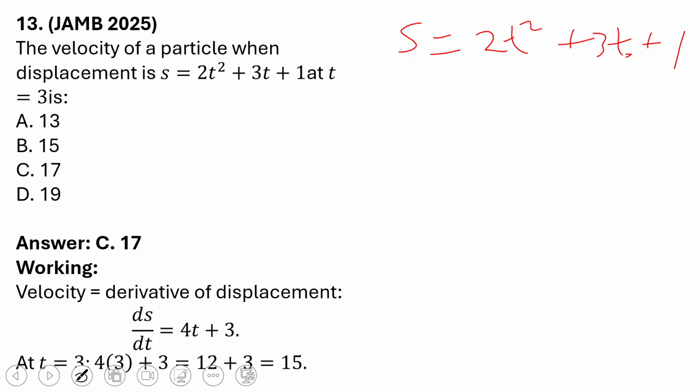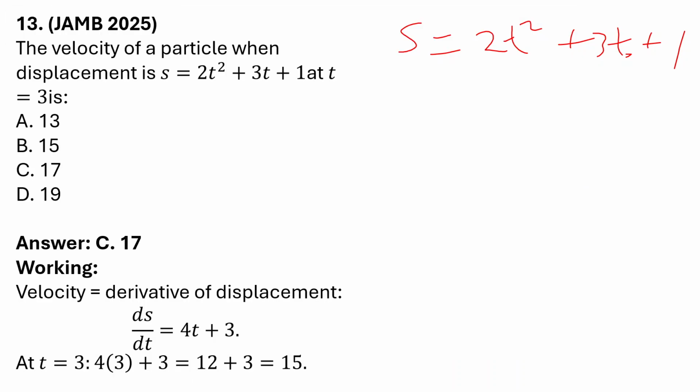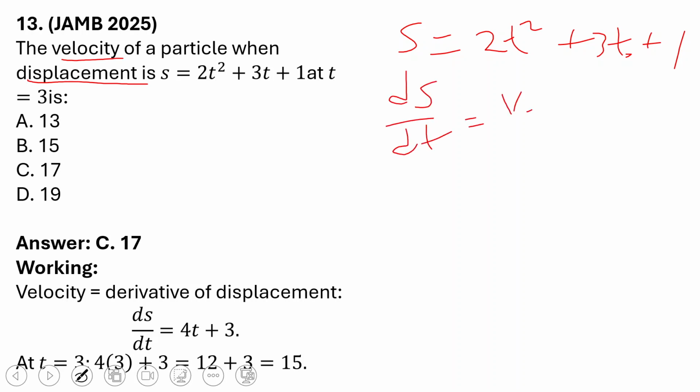First of all, when we differentiate displacement, we get velocity, right? So if I differentiate ds/dt, it is velocity. See, this s is actually this one. If I differentiate this one, I will get velocity, right? So differentiate this one now.